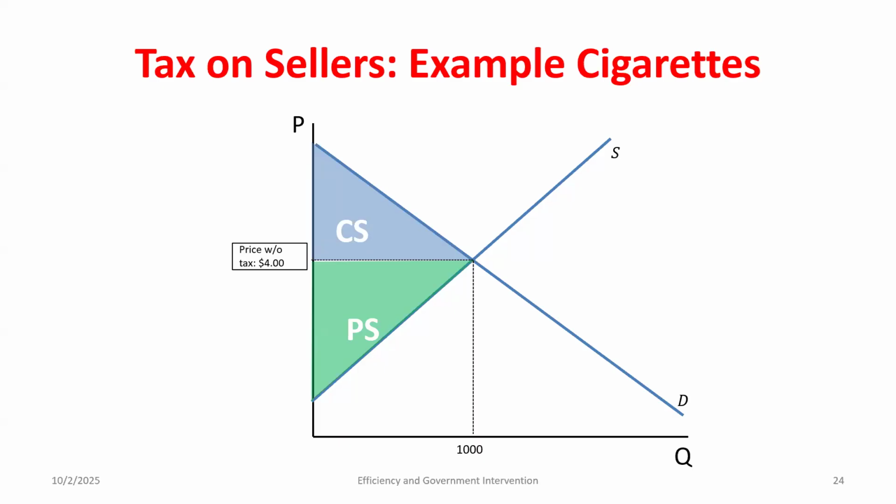Now, what is producer surplus? This gets a little bit weird. You would think, oh, it's just the area below price and above my supply curve, right? But how much money am I actually keeping when I sell this product for this higher price? Let's say I'm selling it for $50, but the tax I have to pay to the government on that was $10. How much is the producer actually keeping? $40, right? So this price up here is the price that the consumer is going to pay after the tax.